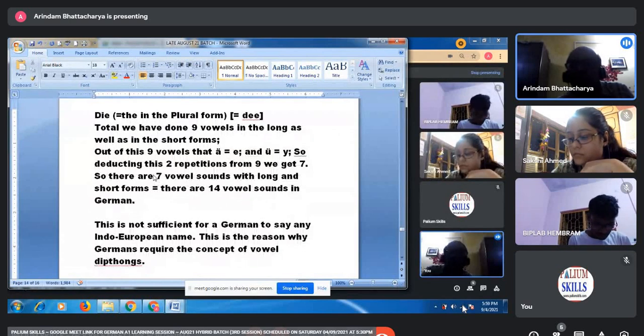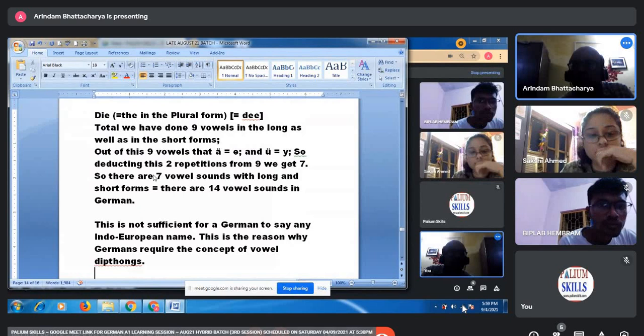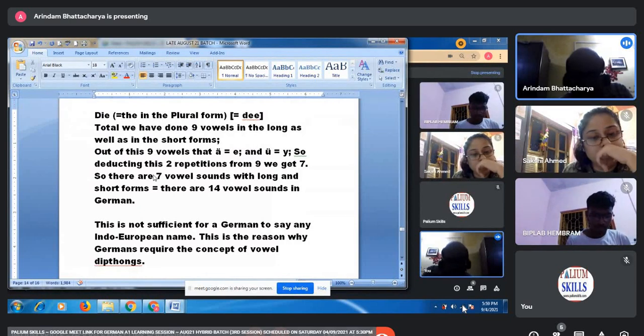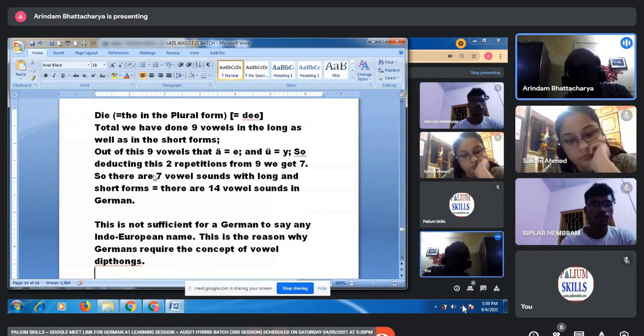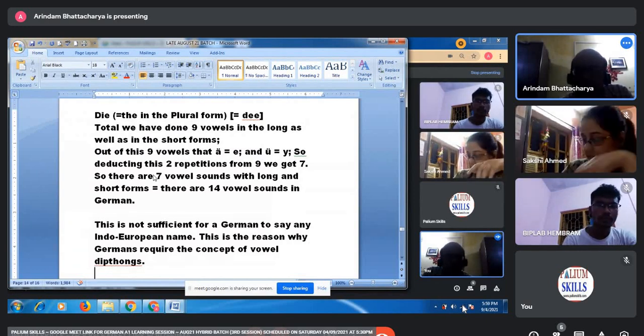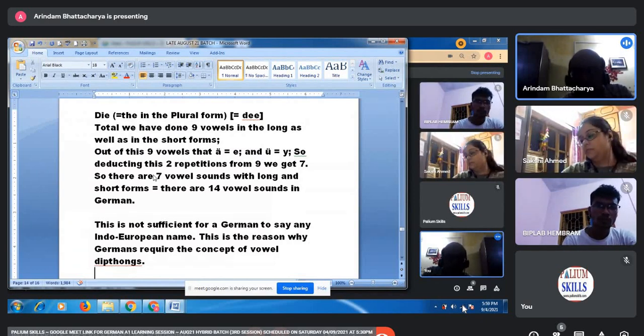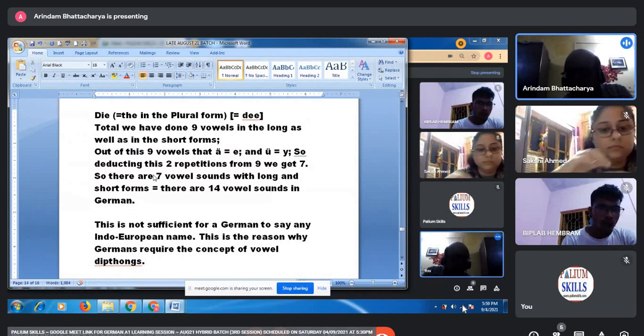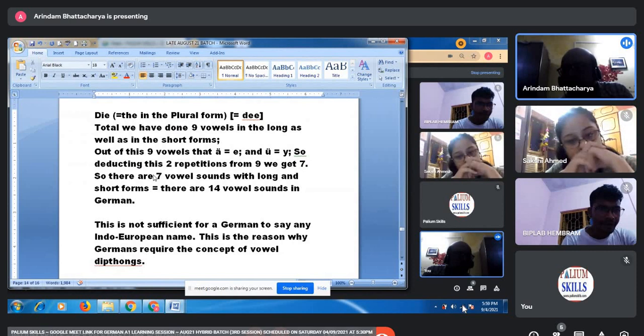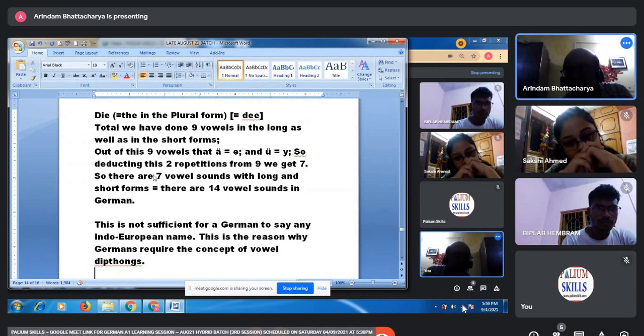But this is not sufficient for a German to say any Indo-European name. Even if they wrongly pronounce a person's name, but if they don't correctly pronounce the name of a place, probably they will not be able to go to that place.